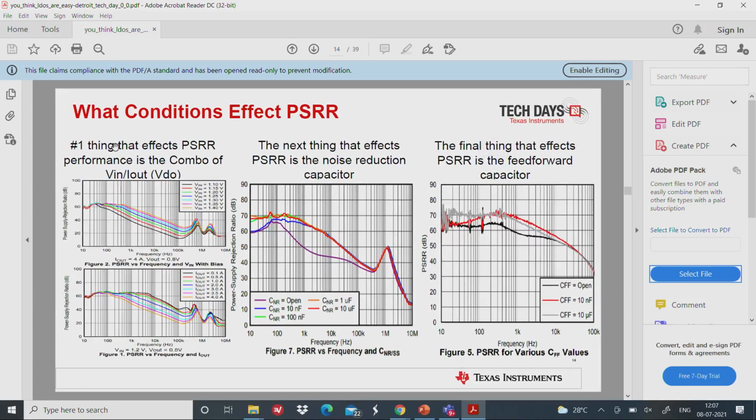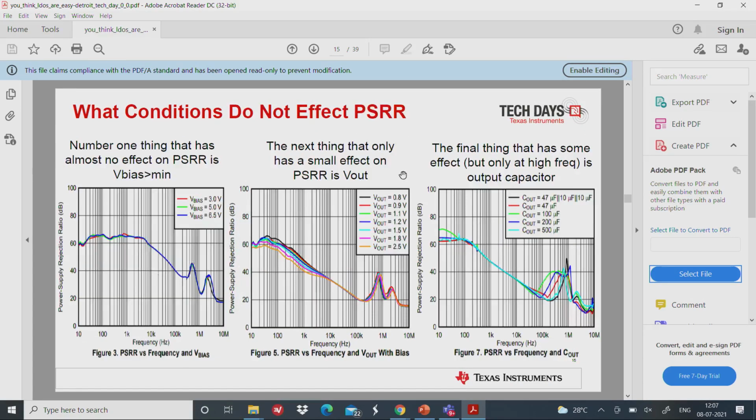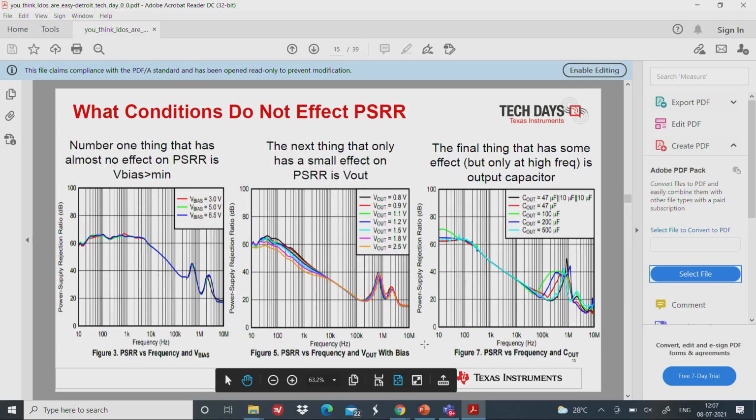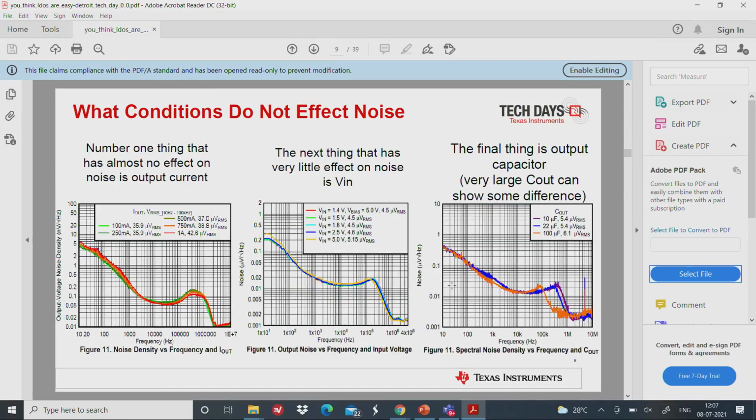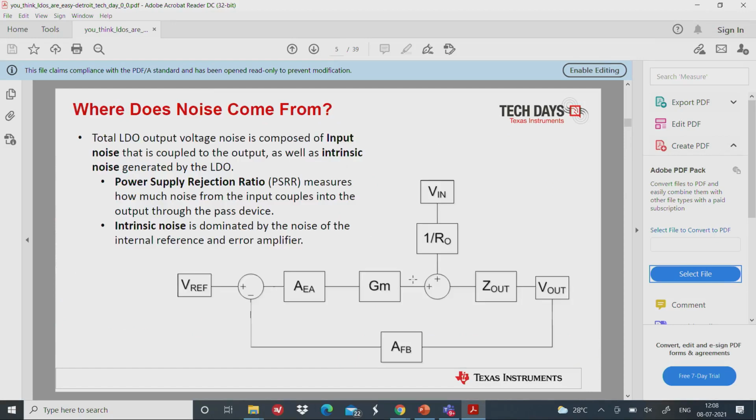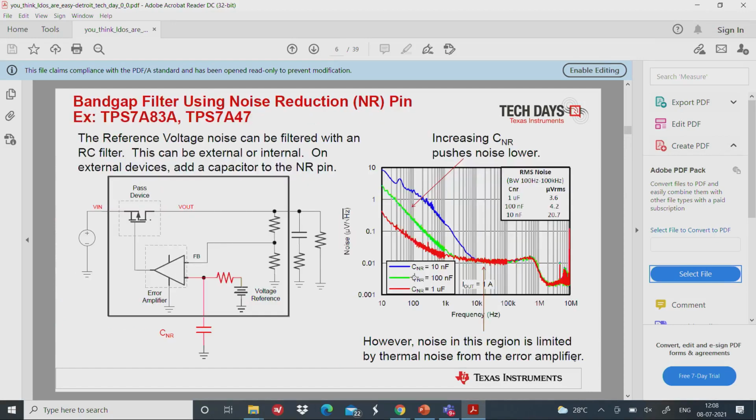He talks about one, then the next, and the final thing. Then what are the conditions that do not affect PSRR? Number 1, what is it? Number 2, what is it? And number 3, what is it? I strongly encourage you to read up on this document, which will tell you a lot more about selecting your LDO of choice for certain applications.